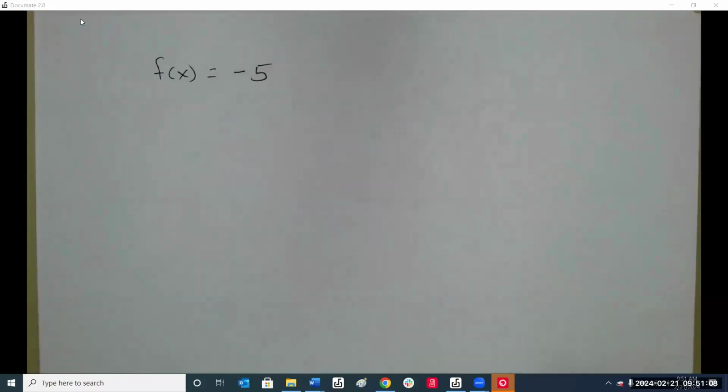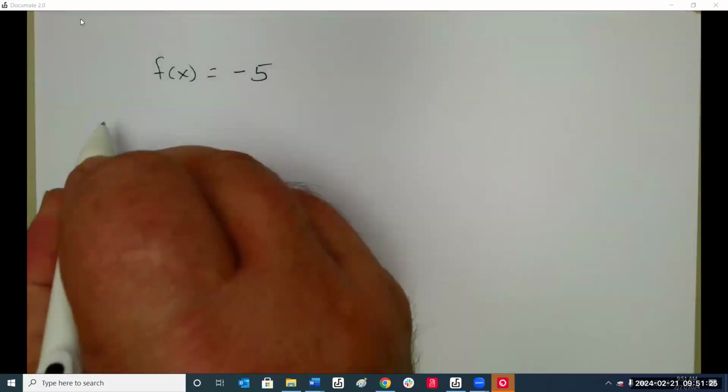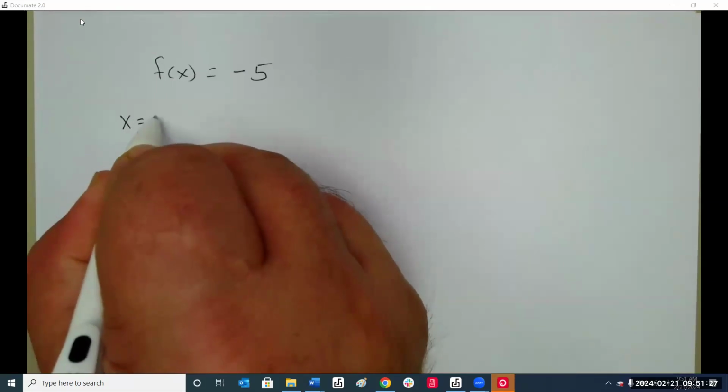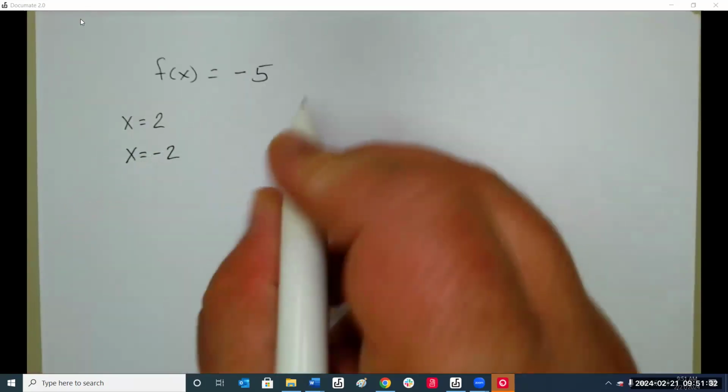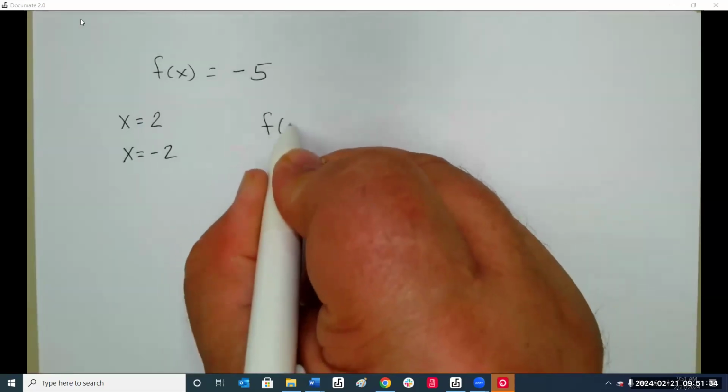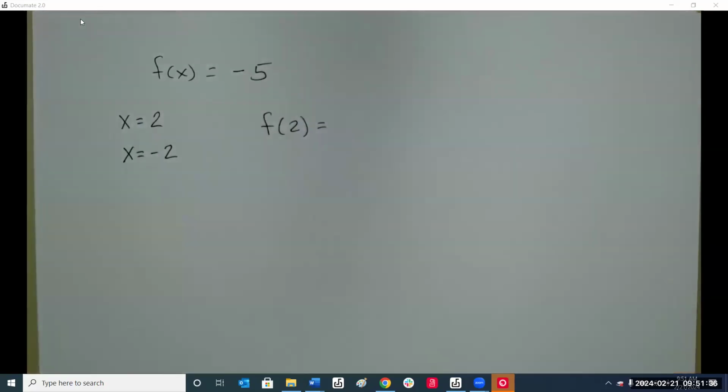F of x equals negative 5. So at positive 2, what is it equal?